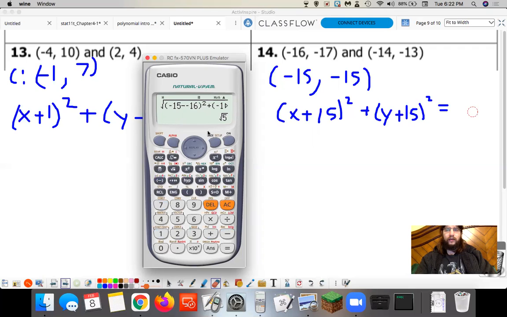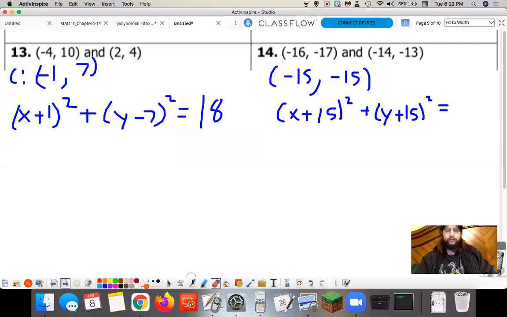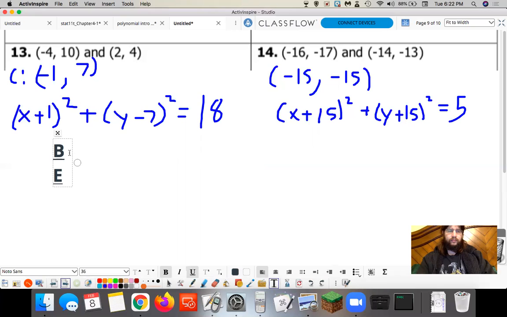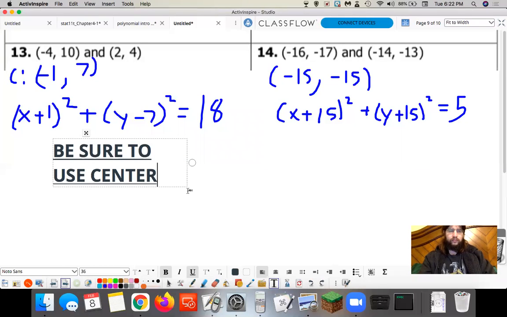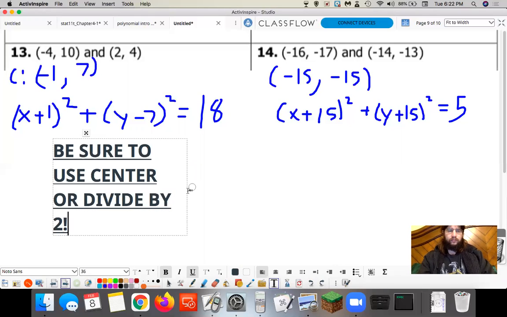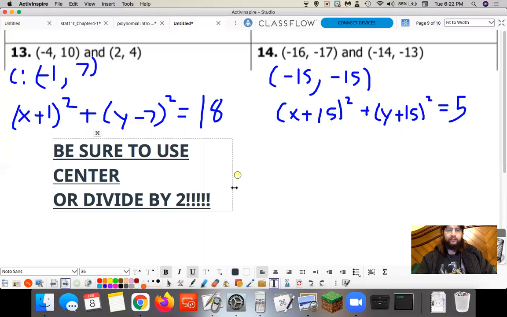The square root of 5, square that, we do get 5. Do it right the first time.